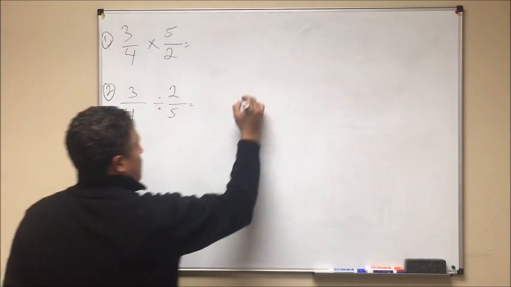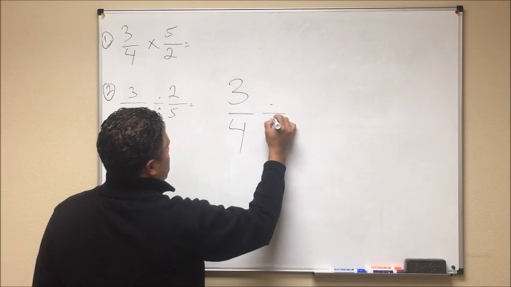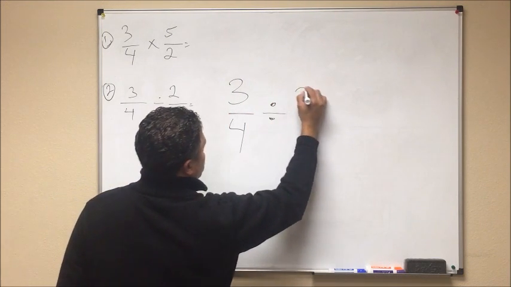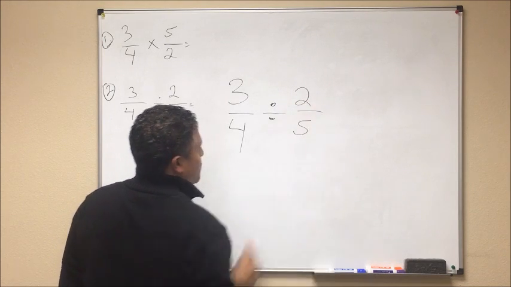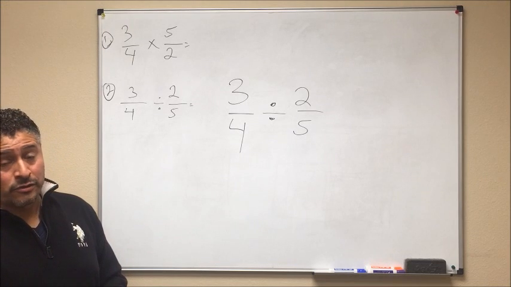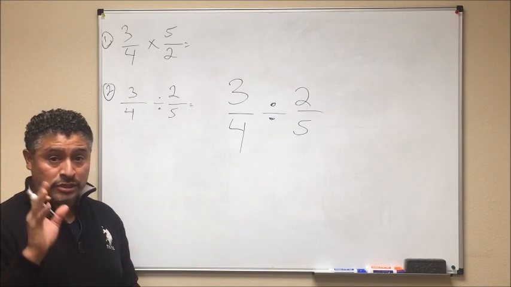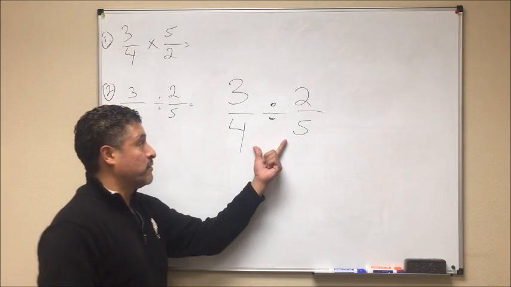The second problem is 3/4 divided by 2/5. When you're dividing fractions, it's a little bit confusing. So the best way to treat it, you can actually do this operation in 2 ways. We're gonna go ahead and do the first way.